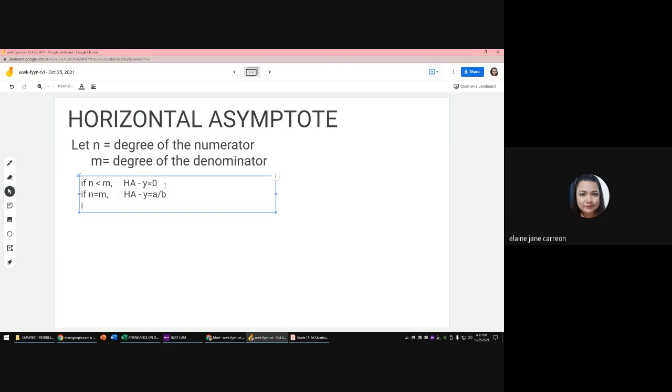And if n is greater than m, the horizontal asymptote is y is equal to, oh, there is no horizontal asymptote.